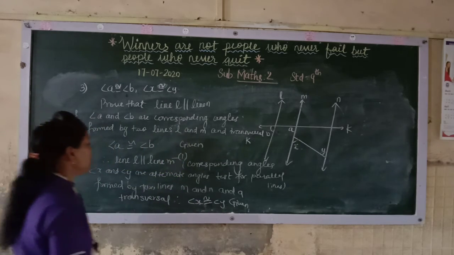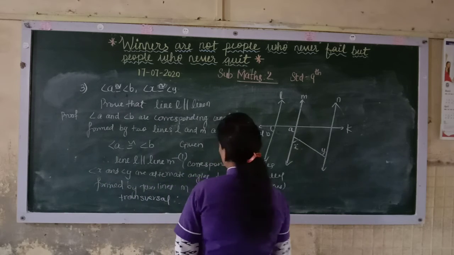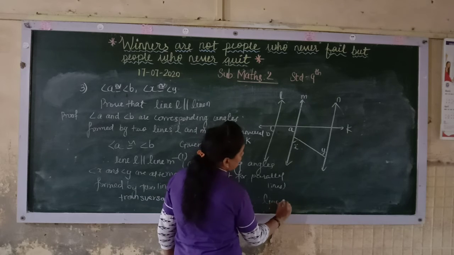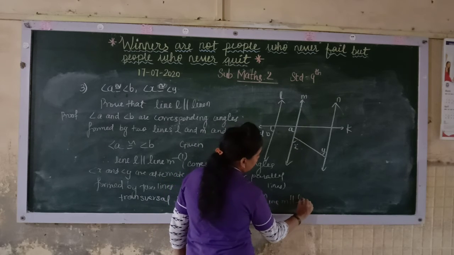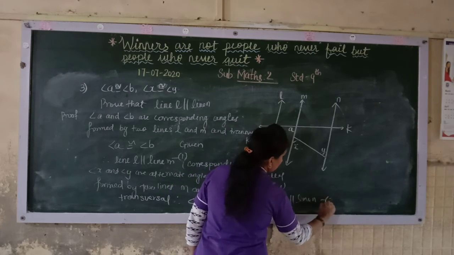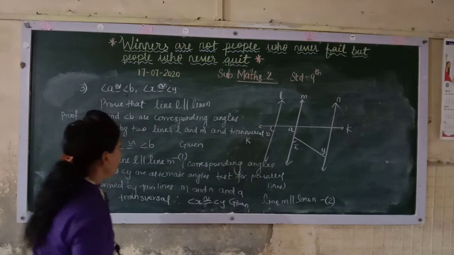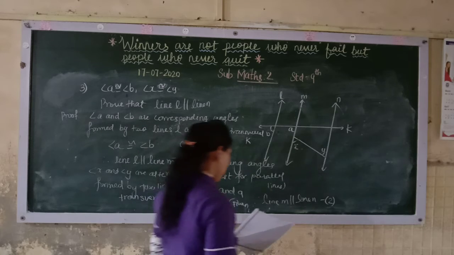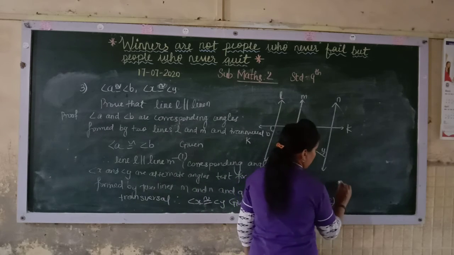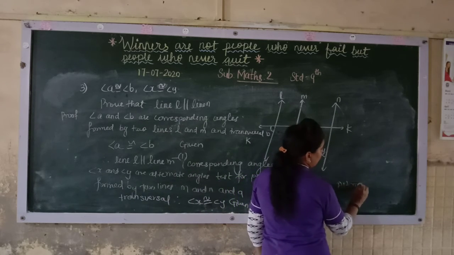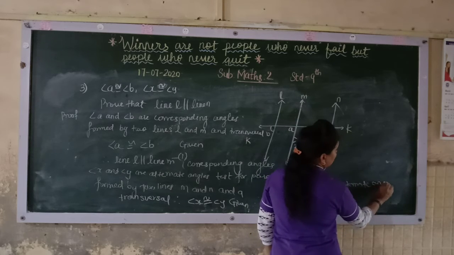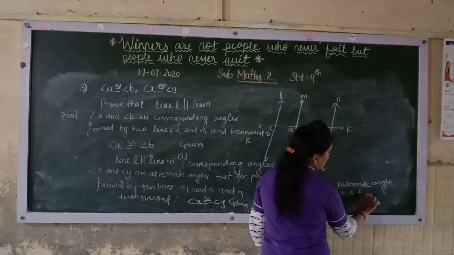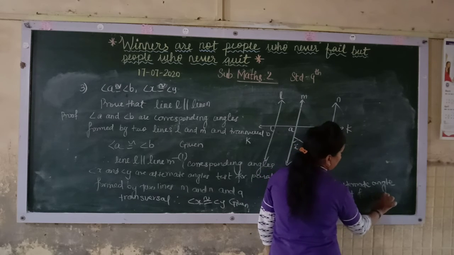Therefore line M is parallel to line N. The reason you will write is alternate angle test for parallel lines, because those are alternate angles.